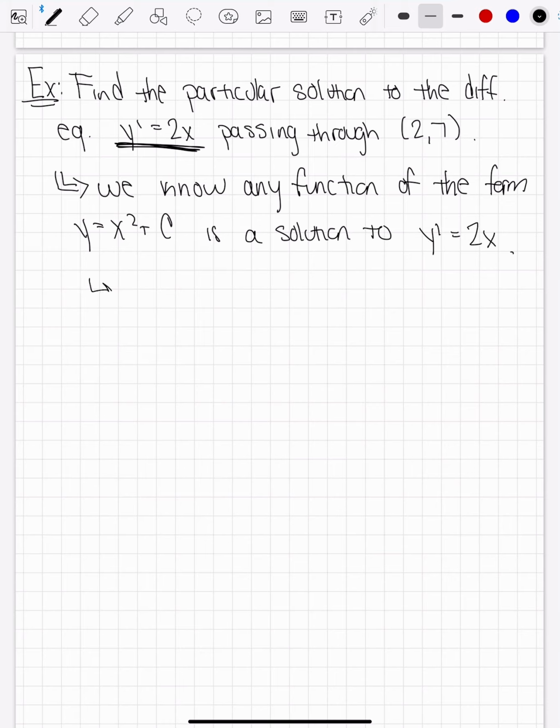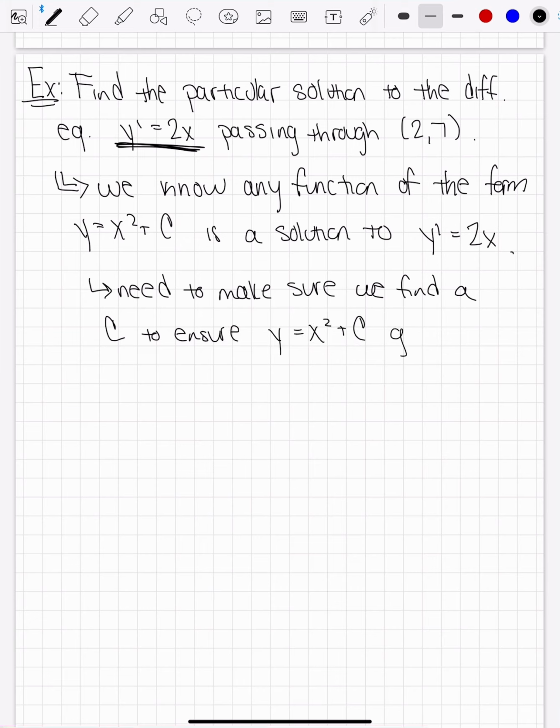So now we just need to find a c to ensure that y equals x squared plus c goes through (2, 7).